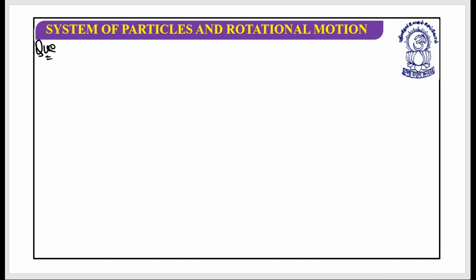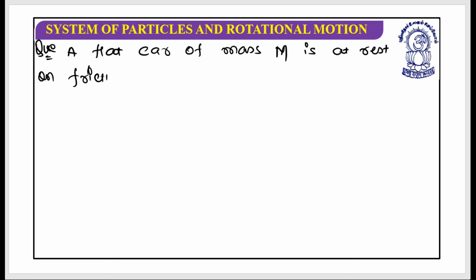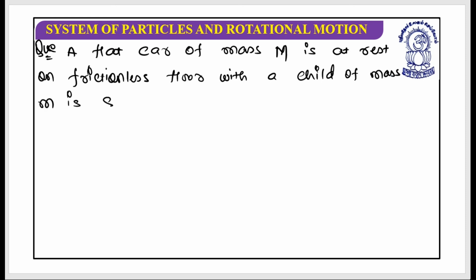It says that, let's suppose a flat car of mass M is at rest on a frictionless surface with a child of mass m standing on the edge of this car.